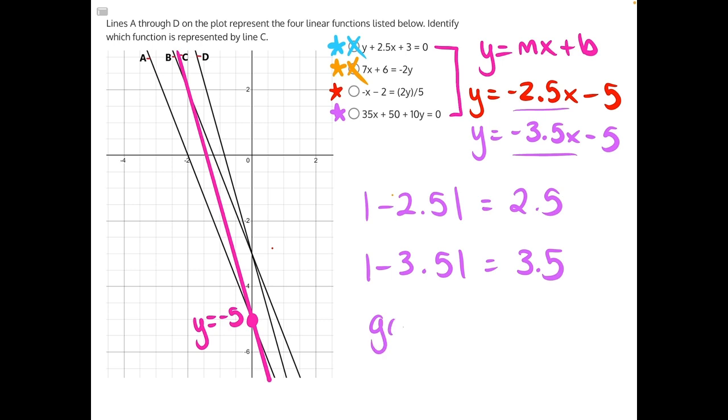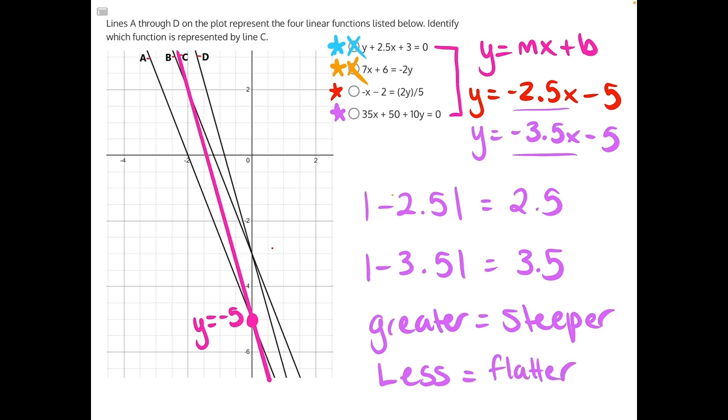The greater the absolute value of a slope, the steeper that slope is going to be, whereas the less the absolute value of a slope is, the flatter that slope is going to be. If we look at our two lines that intersect with y equals -5, we see that one is steeper, and that is line C, while the other is a bit flatter.